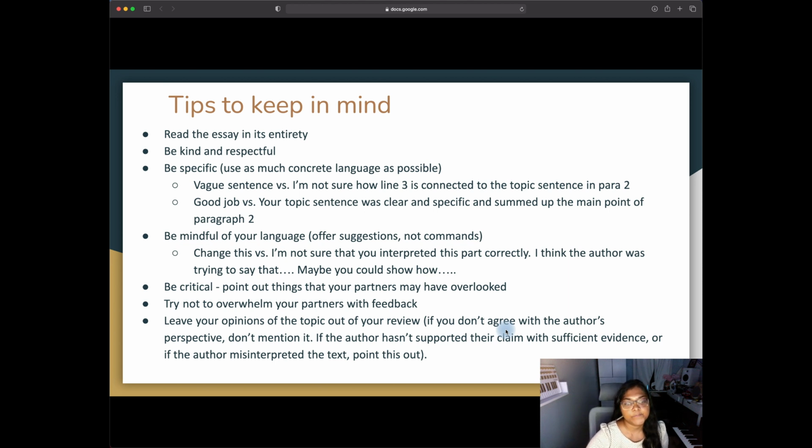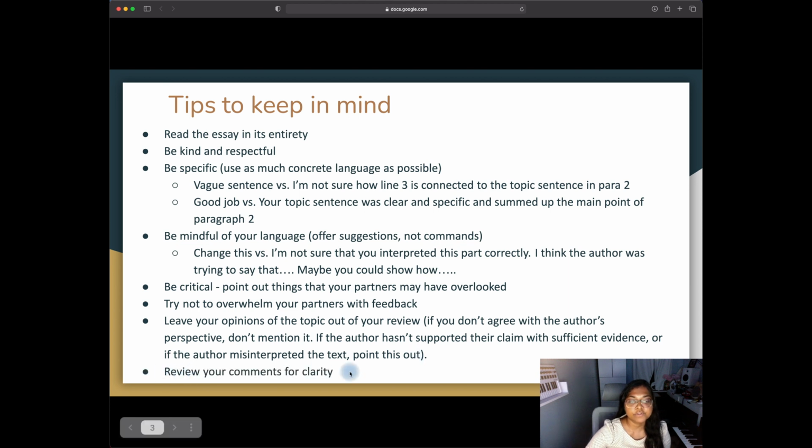That's not something that needs to be mentioned in your peer review, because you're not reading your classmates' papers to see if you agree with them. However, you are reading their papers to give constructive criticism on their writing. So if they did not give sufficient evidence to support their claim, or if there was a part of the text that they misinterpreted and it's very obvious that they misunderstood that part, then those are things that you can point out.